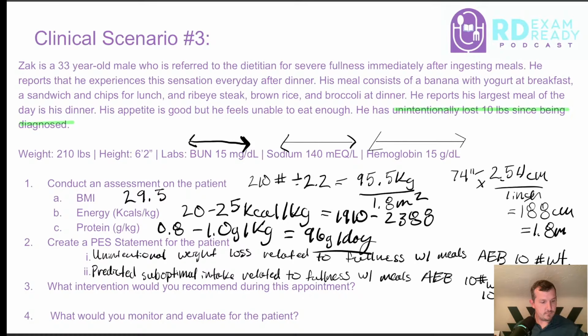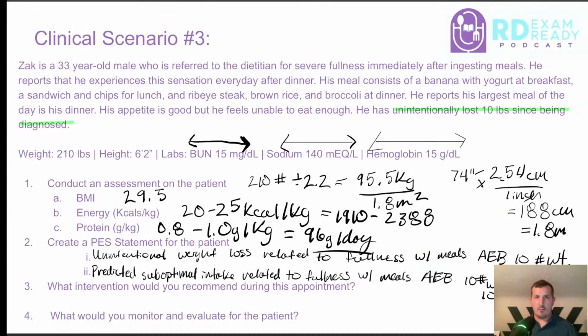Okay. The question in the chat here was, would this qualify for malnutrition? We have no idea how much he's lost in that amount of time. So yeah, I agree. We wouldn't be able to get much for the malnutrition in this piece here.